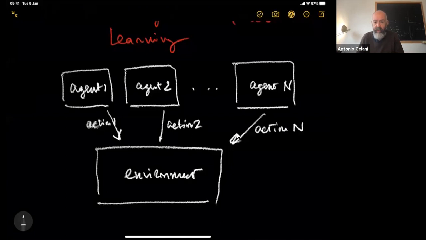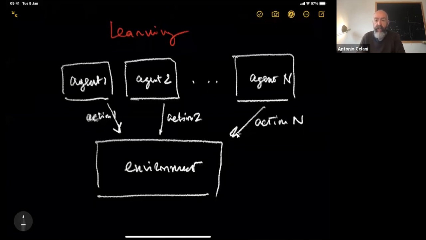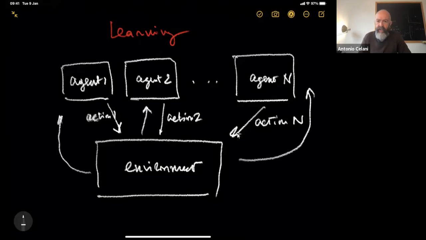In response to these actions, or just because the environment evolves by itself, the environment returns feedbacks to each agent. Okay, so there are arrows which go back to each agent separately. These reactions in reinforcement learning typically are composed by rewards, which again are personalized as the action.